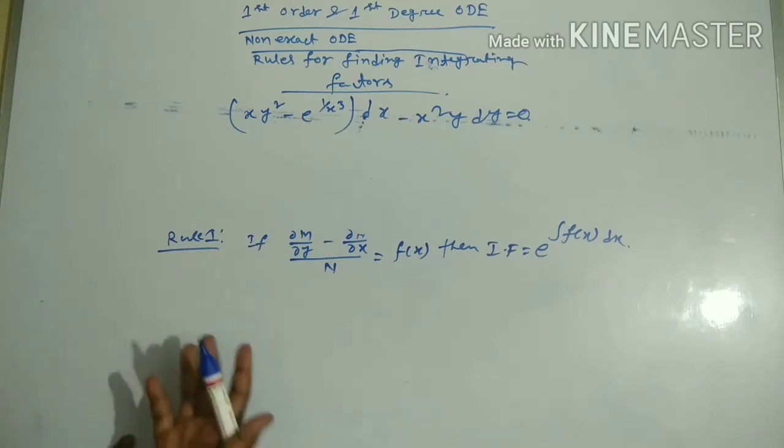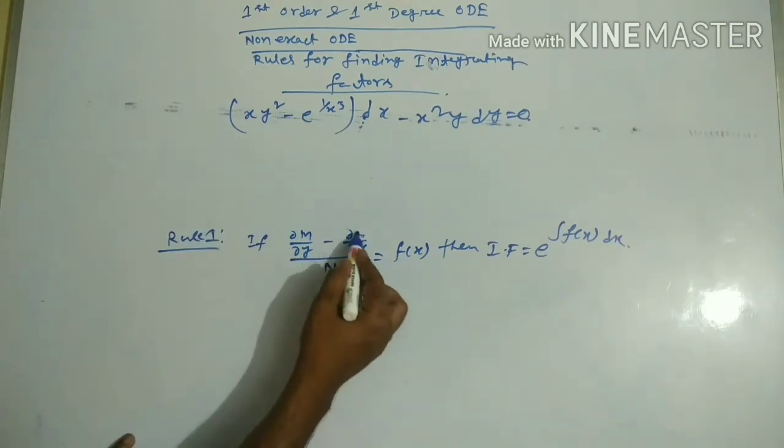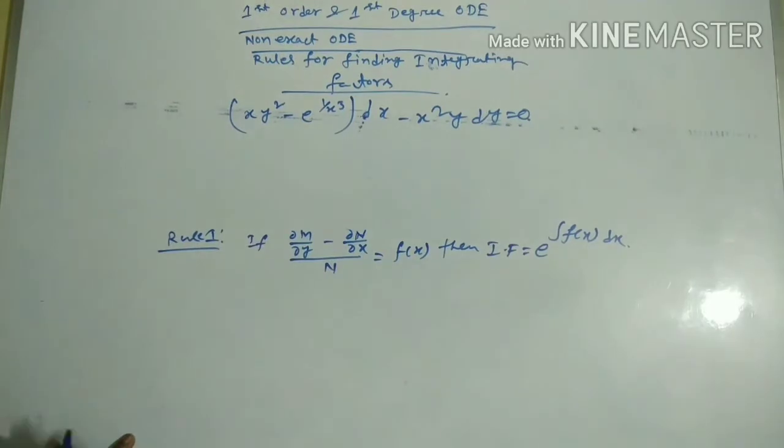Since I am taking this example for applying rule 1, obviously this is a non-exact equation, though we have to check, because when you do a new sum, you do not know whether the ODE is exact or non-exact. If exact, you can solve directly. If it is non-exact, you have to use the rules for finding integrating factors.